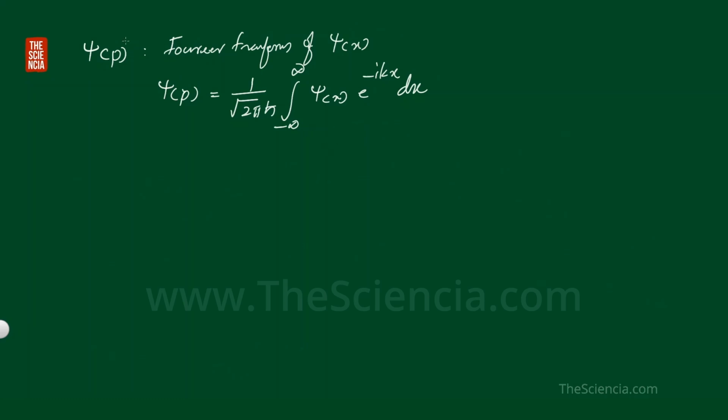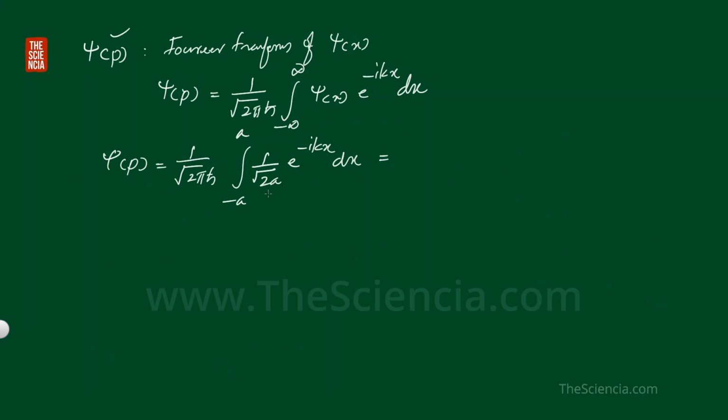You will get psi of p. That is, psi of p is equal to 1 by root 2 pi h cross integral, where the limit is only from minus a to a, and the psi of x we got is equal to 1 by root 2a into e raised to minus ikx dx.